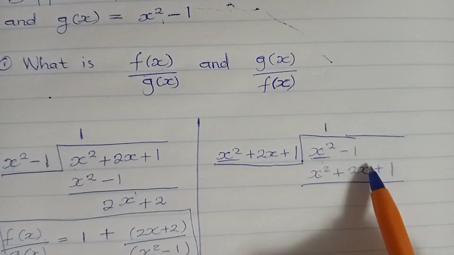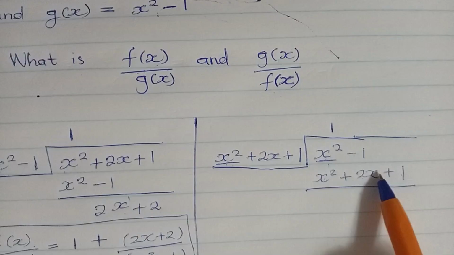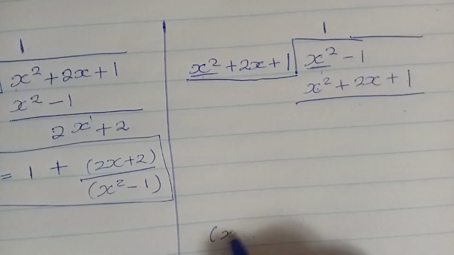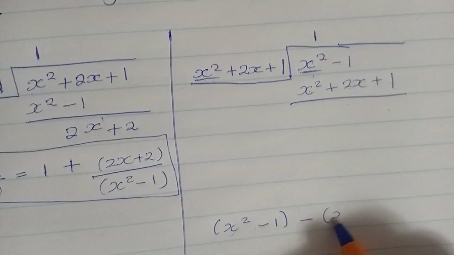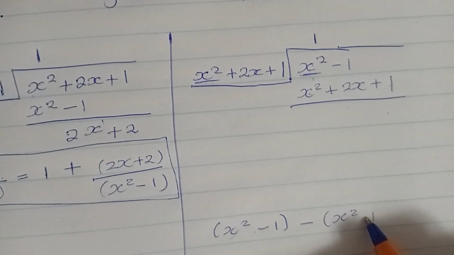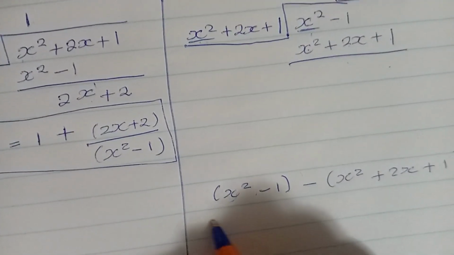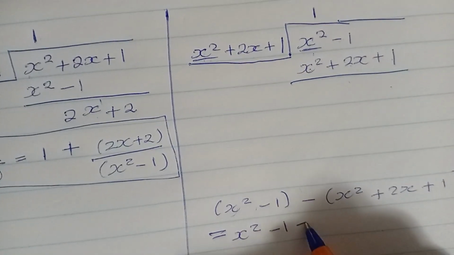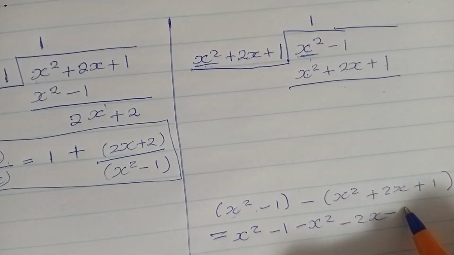But remember, we are subtracting the whole function. It's like x squared minus 1 minus the whole of x squared plus 2x plus 1, which is equivalent to x squared minus 1 minus x squared minus 2x minus 1.